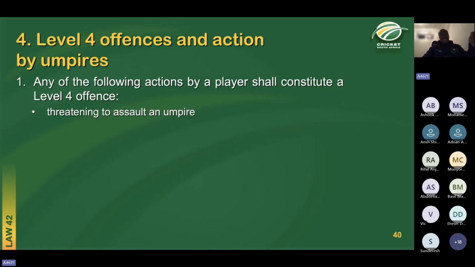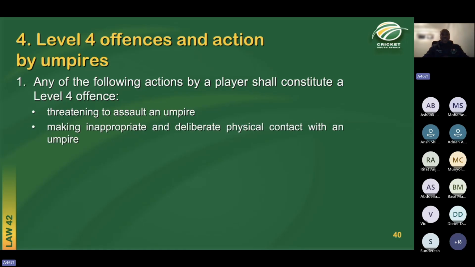So if a batter runs up to an umpire and says, I am going to physically hit you with my bat because of the decision that you made, that is threatening to assault an umpire. That is a level 4 offense, and we shall find out soon what the punishment is for a player committing a level 4 offense.